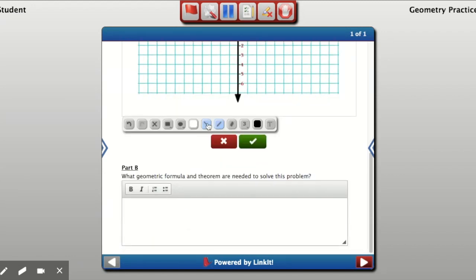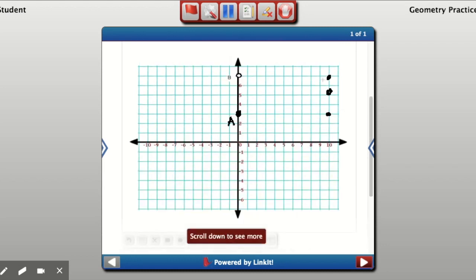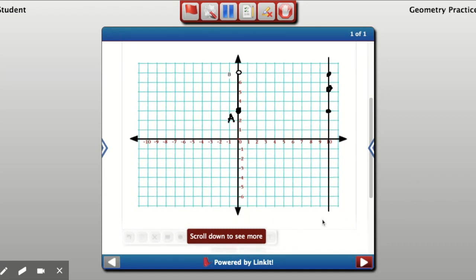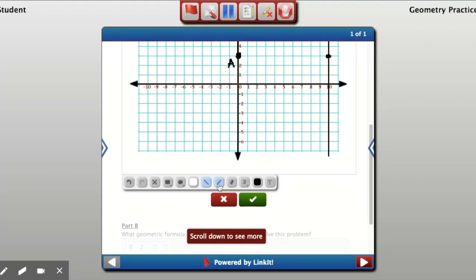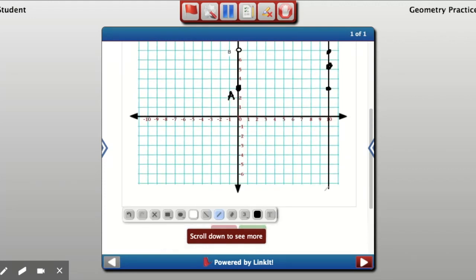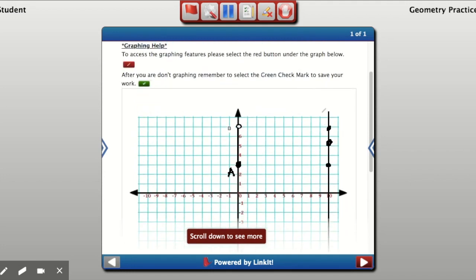So I'm going to go back to the line feature, and I'm going to draw my vertical line going through all those points to show, okay, C can be anywhere on this vertical line. But I want to show that it continues above and below my graph. So I'm going to add little arrowheads using the pencil feature.